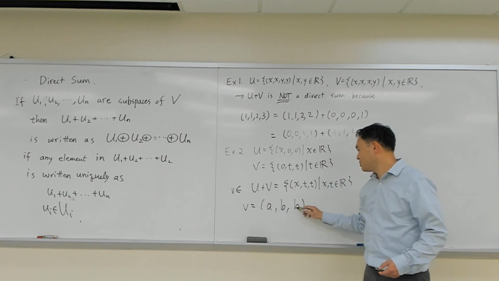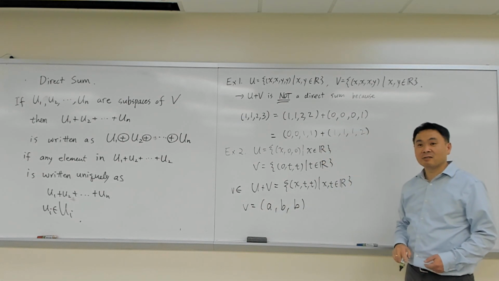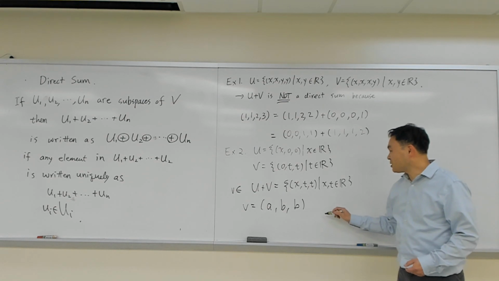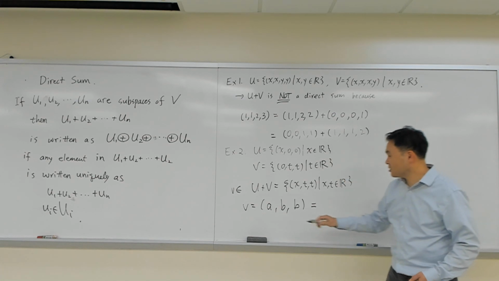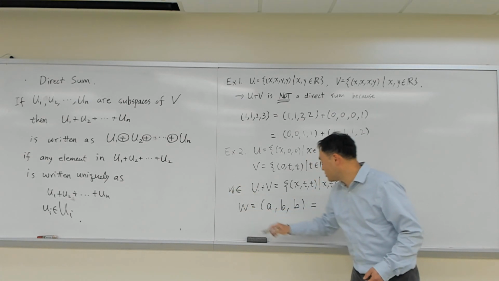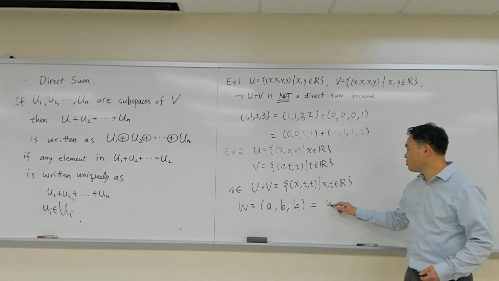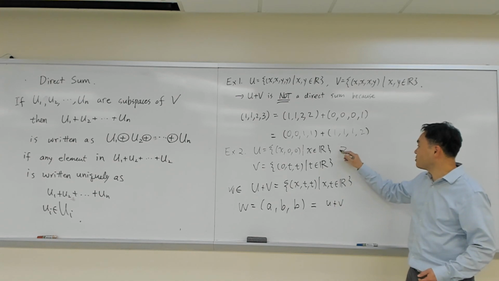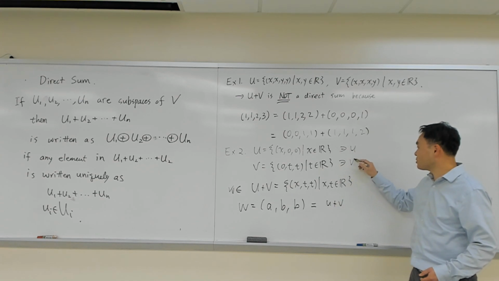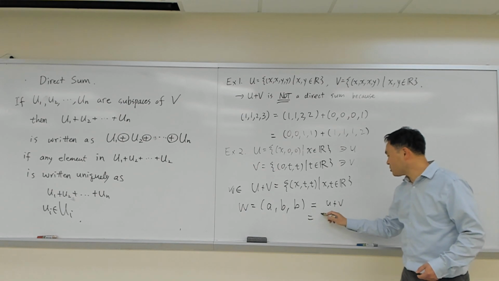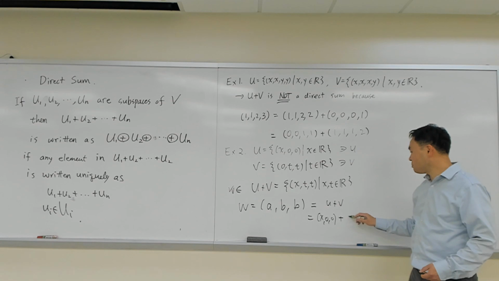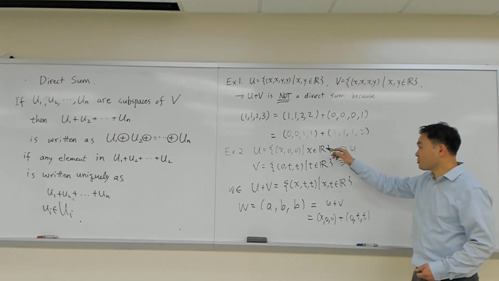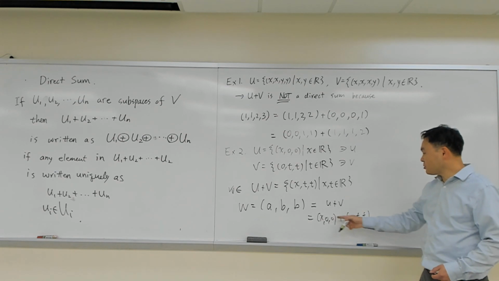Do you agree? And then if it is something from U plus V, where u is from U and v is from V, then u better look like (x, 0, 0), and then v better look like (0, t), because these are from here, right?